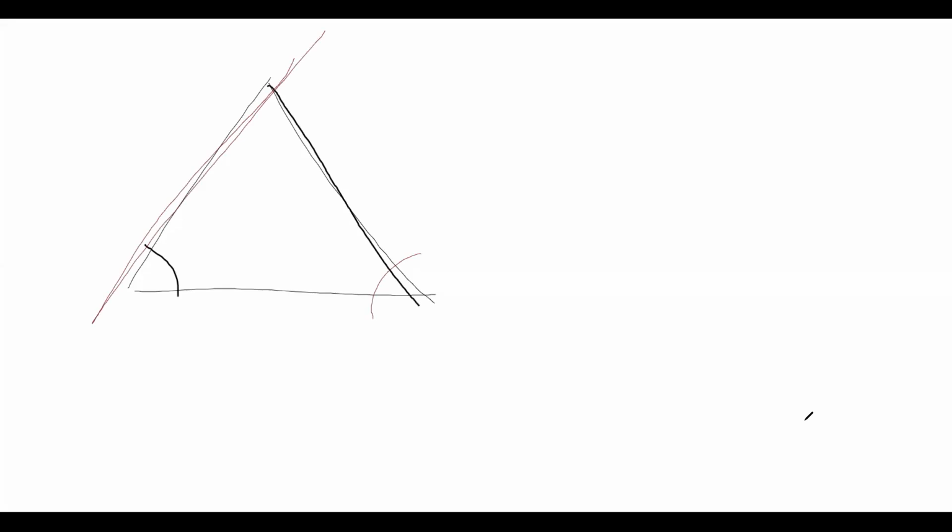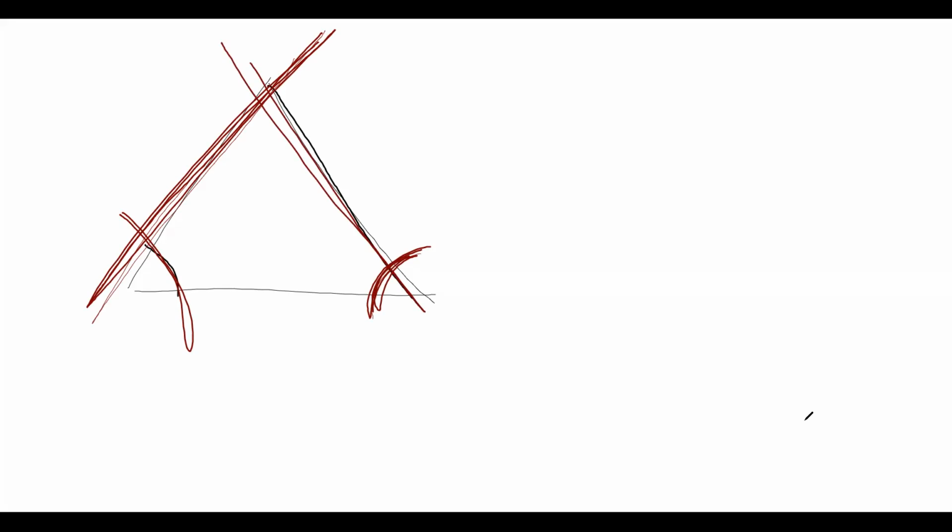Talking about the second theorem. In the second theorem, we say that if we have this triangle, and I told you that this angle is opposite with this angle, and this angle is opposite with this angle, and this one is opposite with this one.